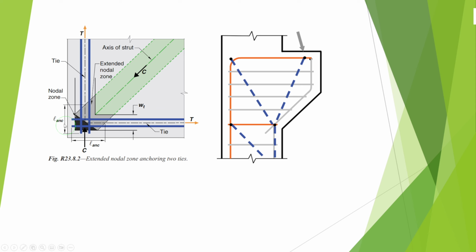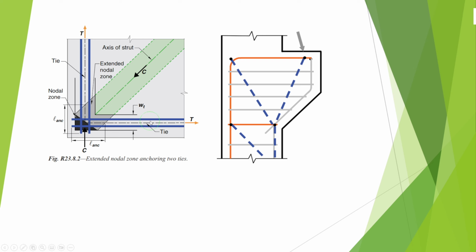If you look at this corner, you can assume that this is a corner in a transfer beam or something similar. Here we have a node. This node connects two ties and also one strut as shown. So this area is very, very crowded, and it is sometimes difficult to satisfy the anchorage requirement for the ties independently.